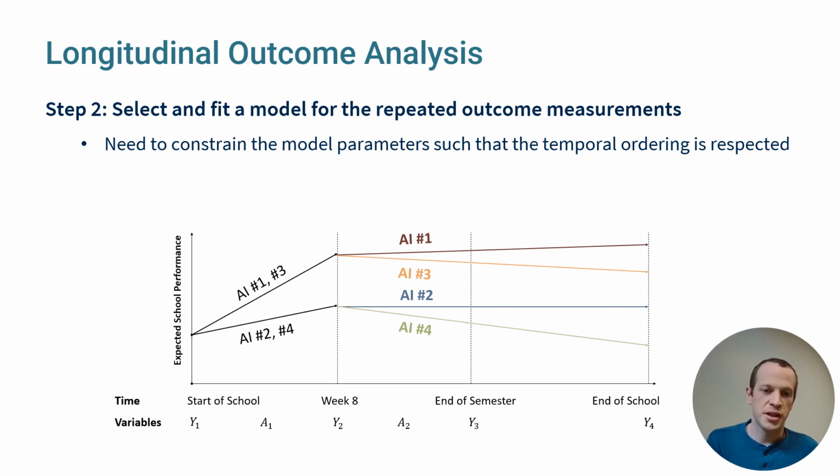So at that point, we need to allow AI1 and AI3 to have different expected values, and similarly, we need to allow AI2 and AI4 to have different expected values. And then no additional treatments occur, so from week 8 onward, each adaptive intervention just has its own line that isn't any longer connected to another adaptive intervention.